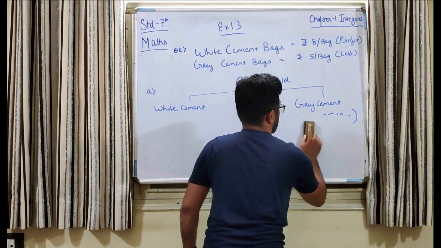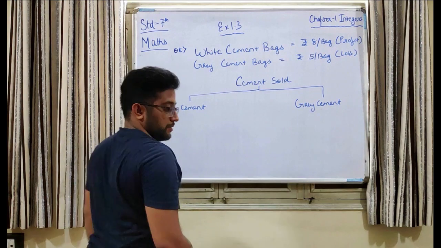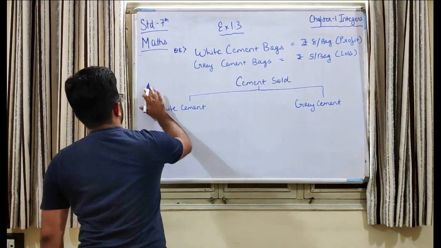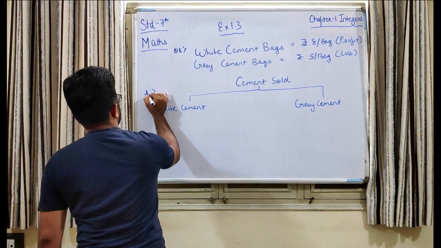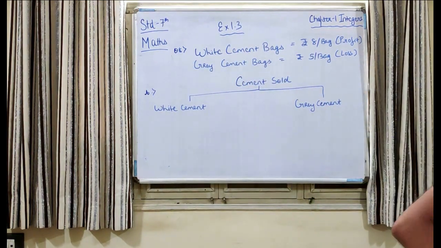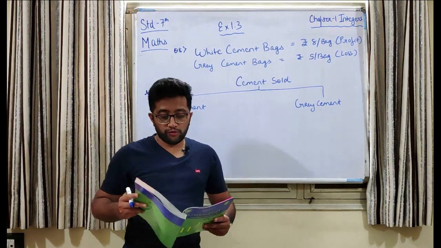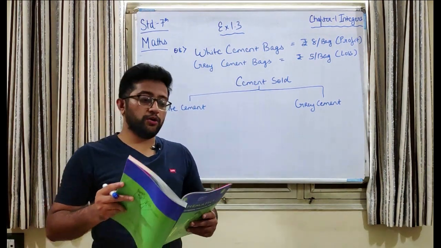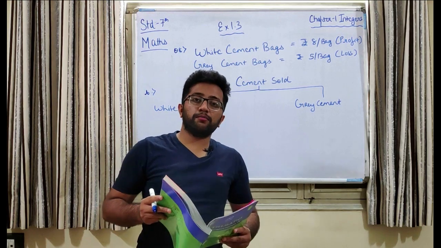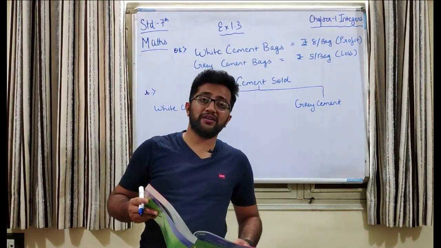Now let us start with the second part of the question, that is B. Now if you read the question properly, here it is given: what is the number of white cement bags that must be sold to have neither profit nor loss if the number of grey bags sold is 6400 bags.